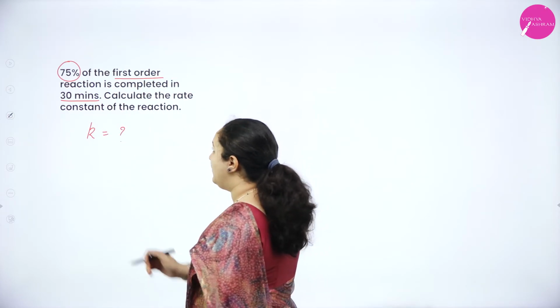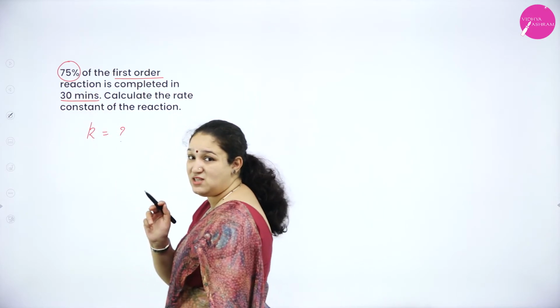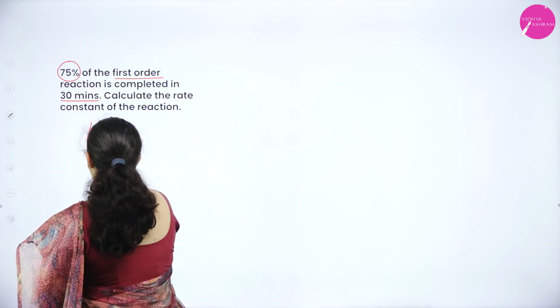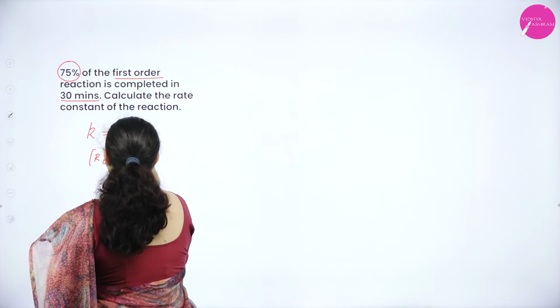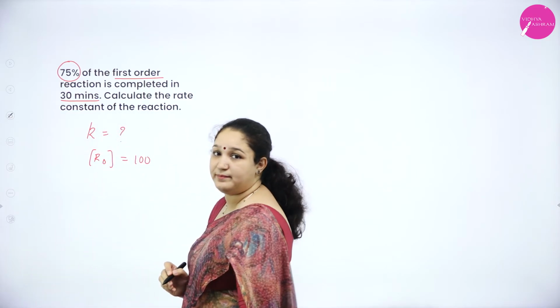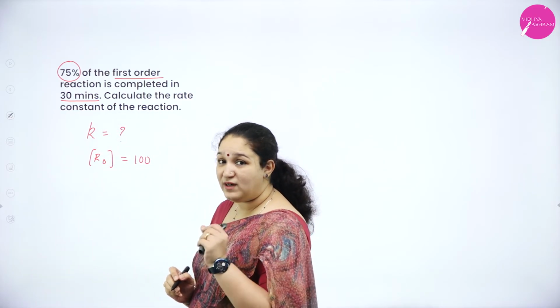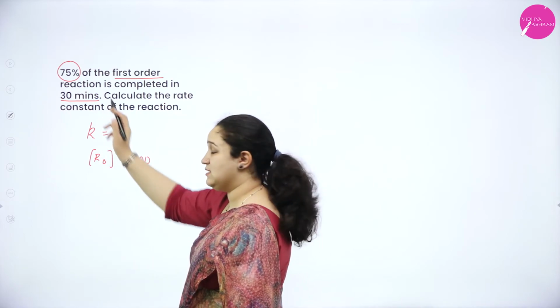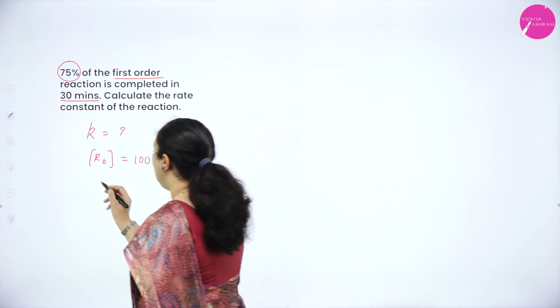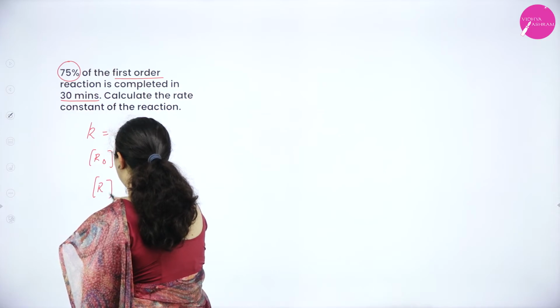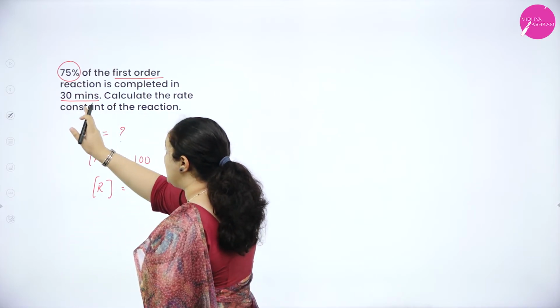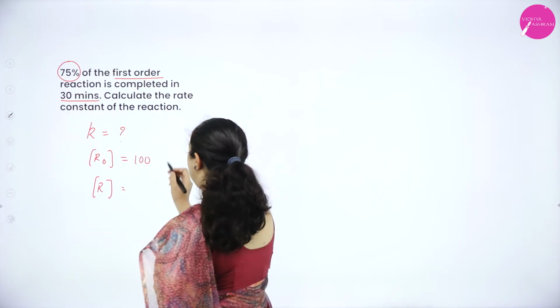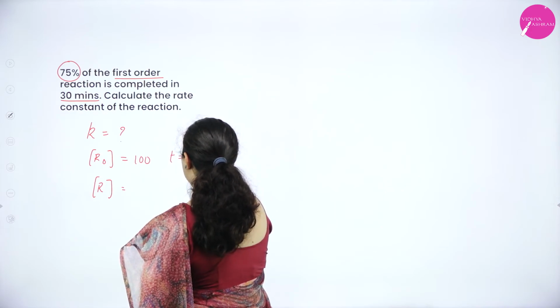So what are we going to get? Whenever percentage is given, remember we'll take the initial concentration to be 100. Okay, whenever it is given in percentage like this. 75% is complete in what time? 30 minutes. So time is given as 30 minutes.